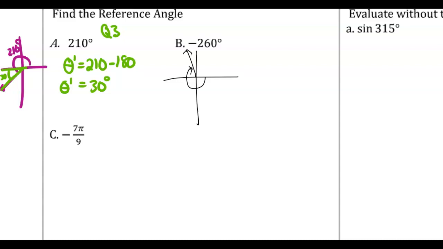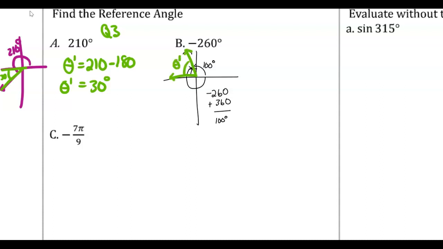Now remember that you have to use it in standard position, so you can't have it be negative. So the first thing I'm going to do is add 360 to it, and I get that it is at 100 degrees. So this angle is in the same place as 100 if you go this way. So it is occurring in quadrant 2, and I want the angle from its terminal side back to the x-axis.